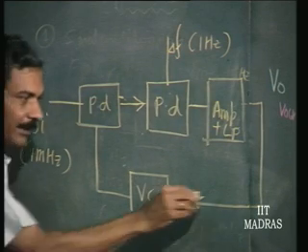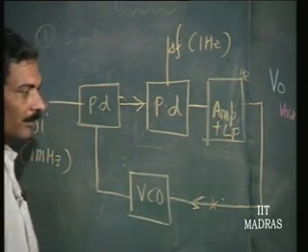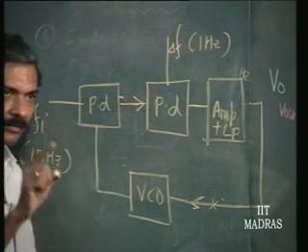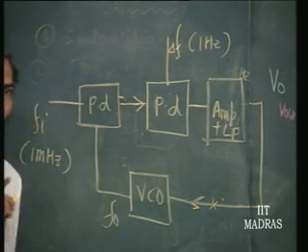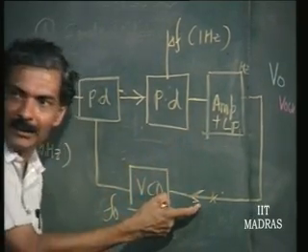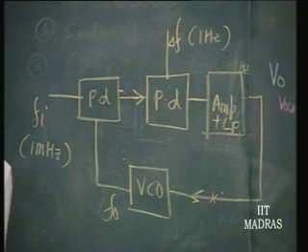What is the basic principle? This should become a DC, that is the basic principle. Because there is a low pass filter here, if this becomes a DC, this should become a single frequency f naught, it cannot be 2 frequencies.